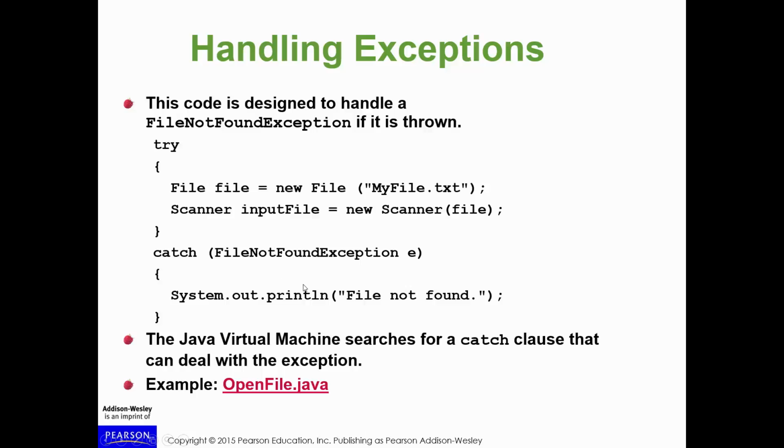As I mentioned, you can have several of these exceptions, and they must all be different, of course. The JVM, or Java Virtual Machine, once an exception is thrown, searches for a catch clause that can deal with the exception.